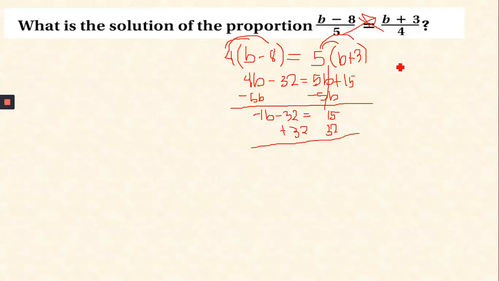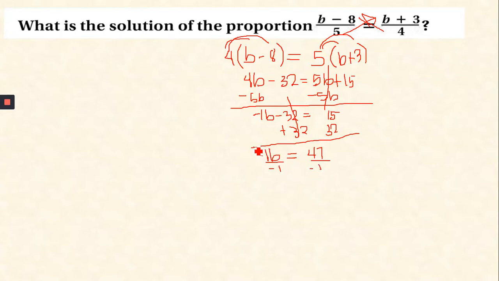Can I write negative b here? It's just okay, negative b or negative 1b. Negative 32 plus 32 will be 0, is equal to 15 plus 32, that is 47. Now, try to observe, your b has a coefficient of negative 1, so we are going to divide both sides of the equation by negative 1.